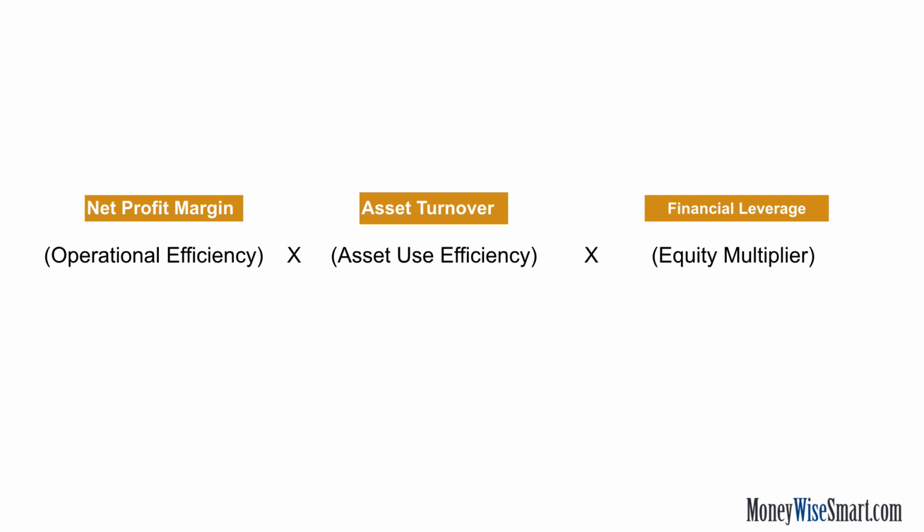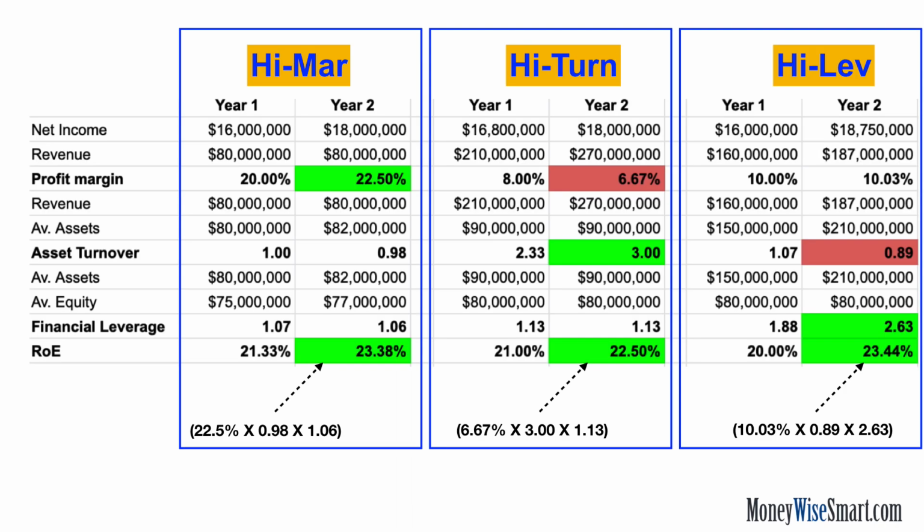So let's bring everything together and take the example of these 3 companies. High MAR, where MAR stands for margin. So the first company has very high margins. The second company is called high turn. The second company basically has a very high asset turnover. And the third company is called high lev, which is a business that employs a lot of leverage.